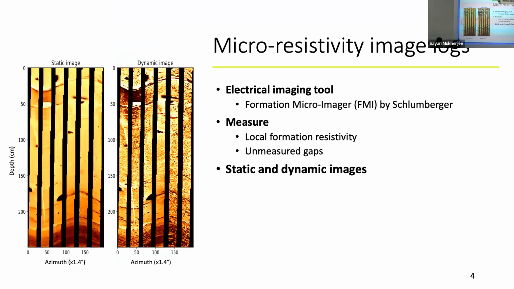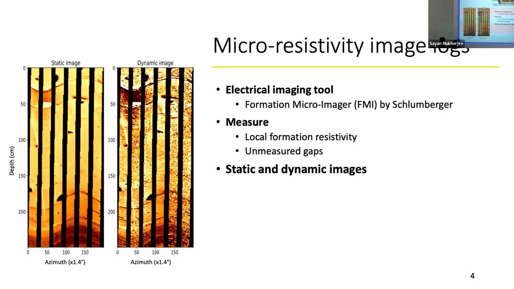As shown here, the measured resistivities can be visualized as two types of images. The first one is the static image, and the second one is the dynamic image. The vertical axis is the depth, and the horizontal axis is the azimuth, ranging from 0 degree to 360 degree.